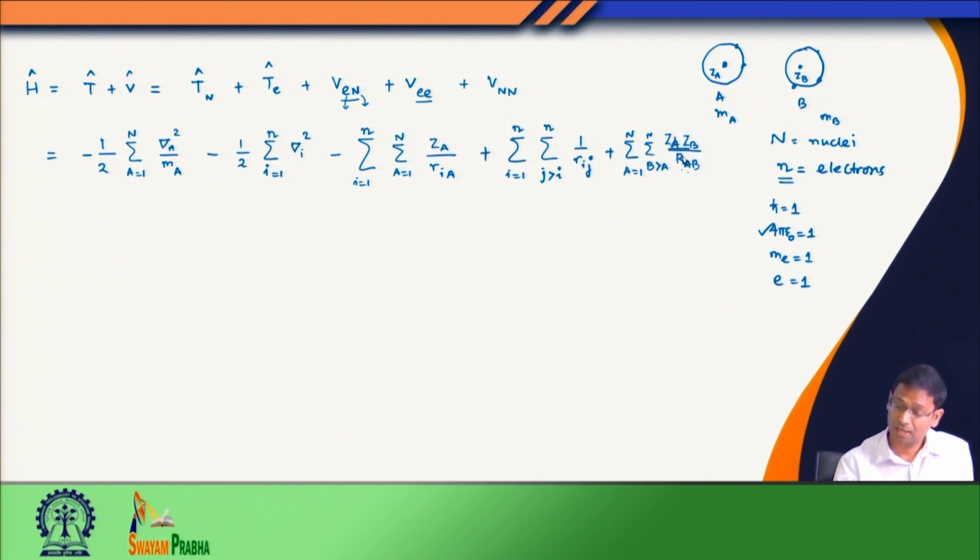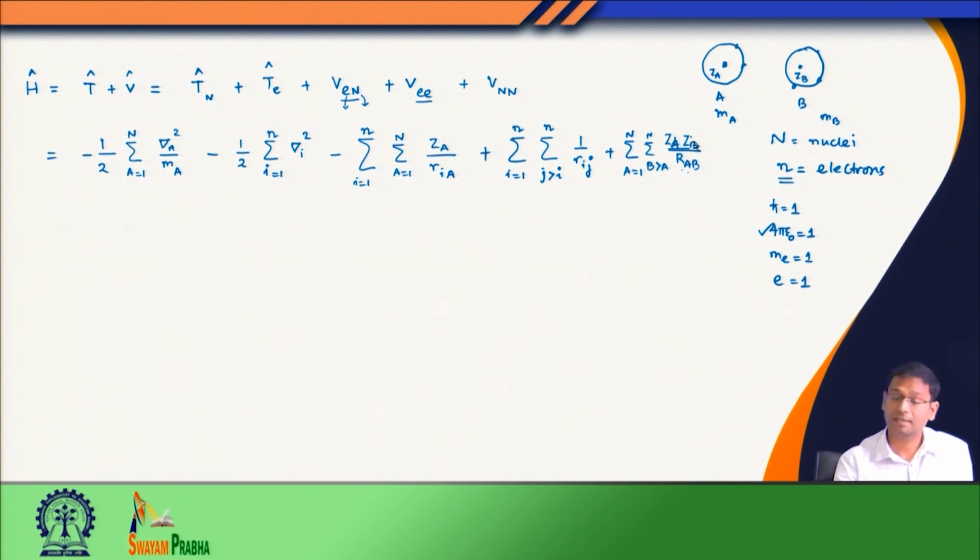Compare this electron repulsion with nuclear repulsion. Electron repulsion has e square divided by 4 pi epsilon 0 r I j. So, e is 1 in atomic unit, 4 pi epsilon 0 is 1 in atomic unit. So, therefore, I am left with 1 over r I j.